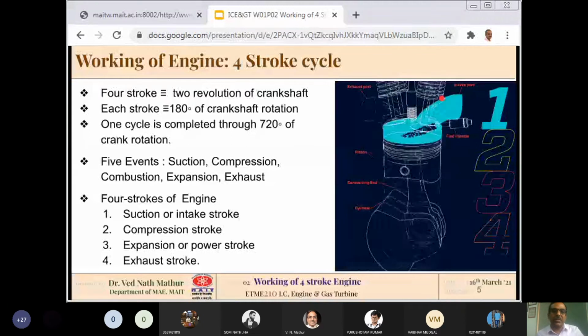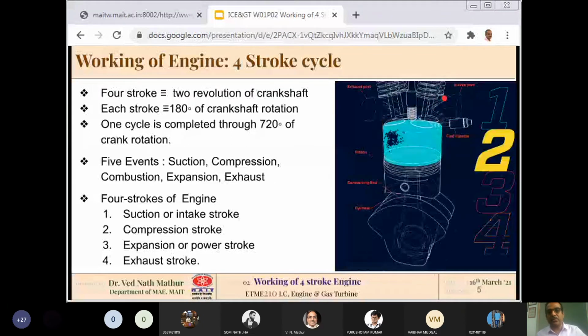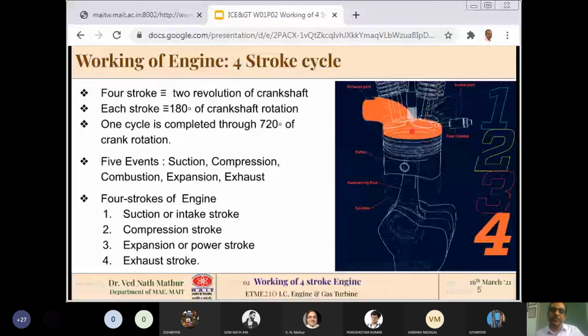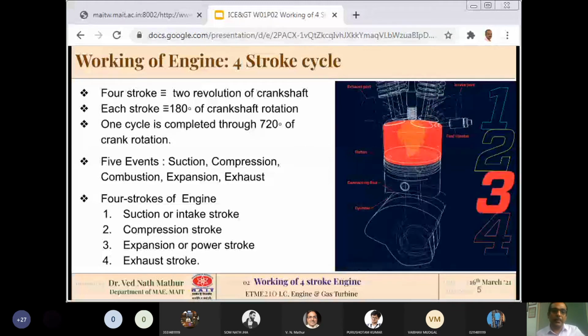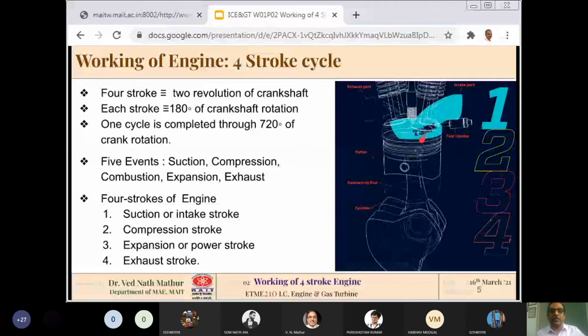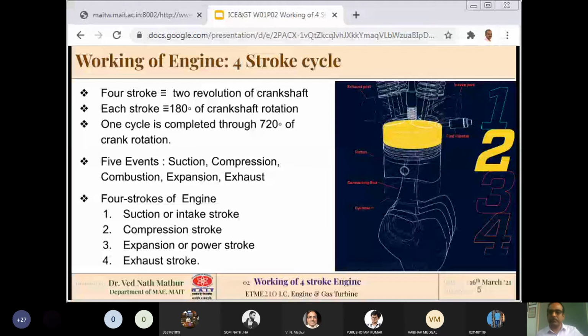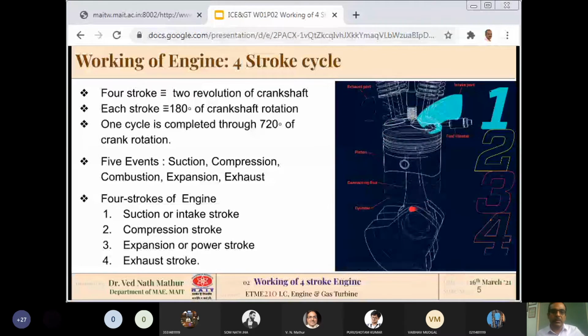There are different shafts, which are called camshafts, on which cams are mounted, which push these valves to open the passage going from the inlet manifold to the engine. So these are the 4 strokes.